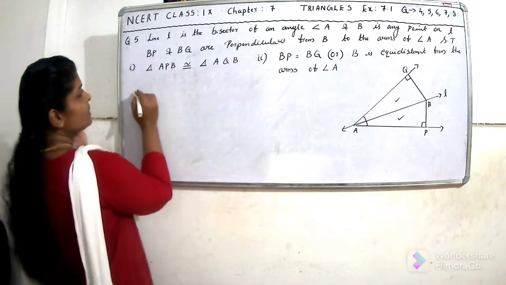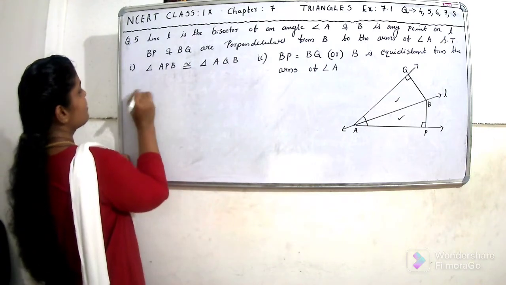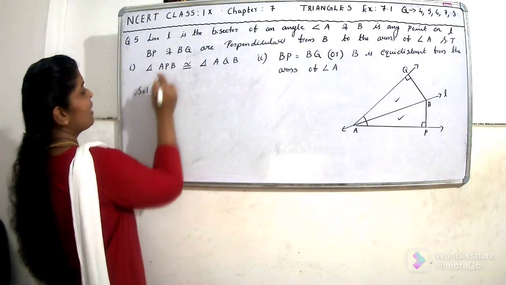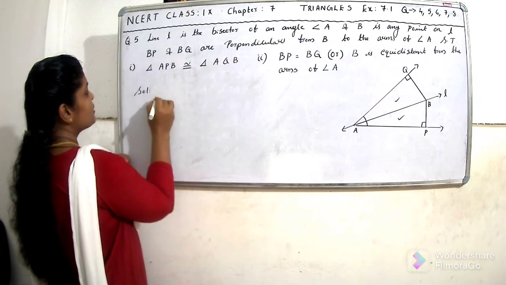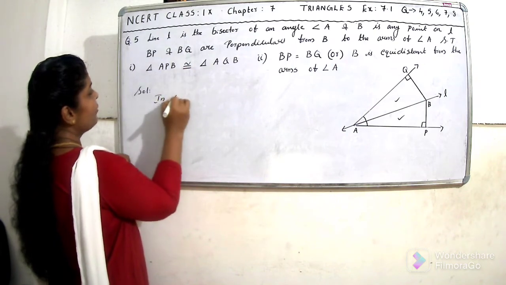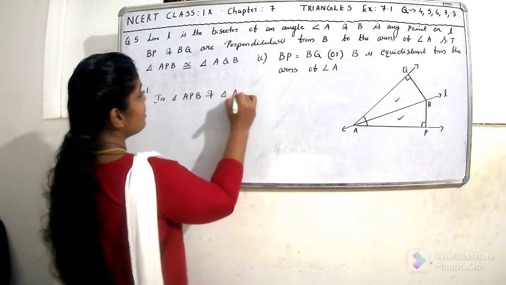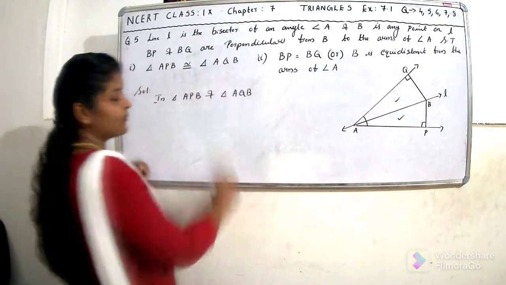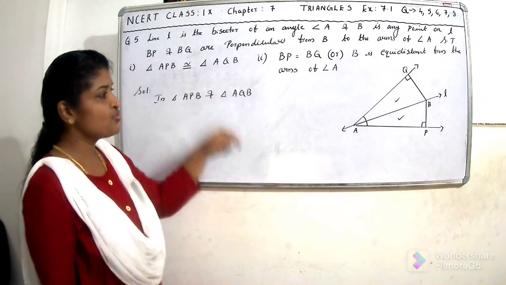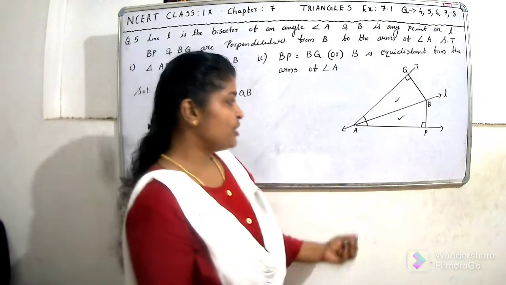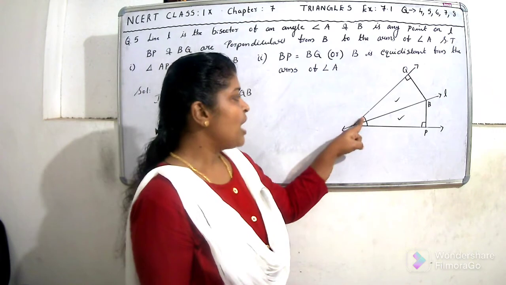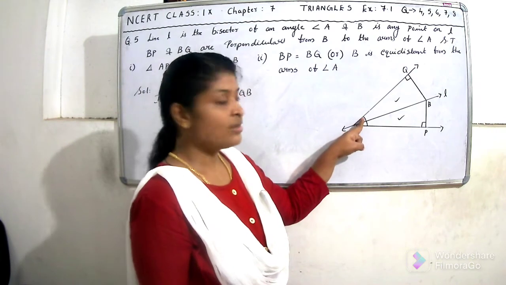So we can start in solution. Which are the two triangles we have to consider? We have to write triangle APB and triangle AQB. Okay, so we consider these two triangles. Now what all things we know? We know angle, this one and this one.